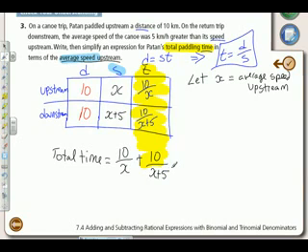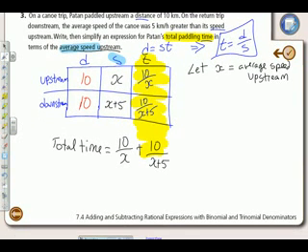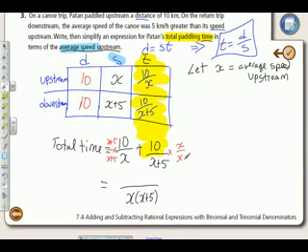And all we're doing is working with this exactly the same as we just did. Get your common denominator, which is going to be x times x plus 5. And then see, what do I have to multiply the first one by? x plus 5 over x plus 5. And the second one I need to multiply by x over x.